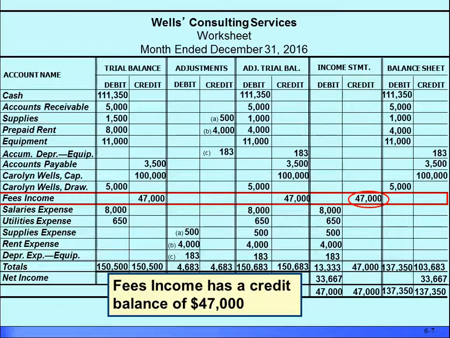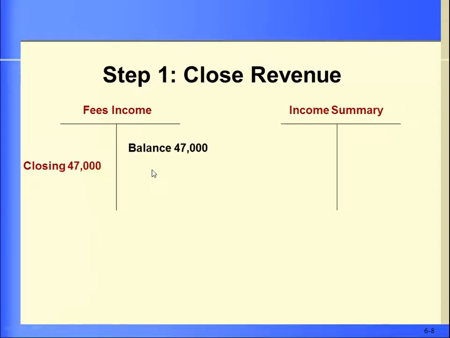The closing process begins by closing all the revenue accounts to zero. So here on the slide, fees income has a credit balance of 47,000. So here are the journal entries. Here's the balance of 47,000. Our goal is to get this to zero.